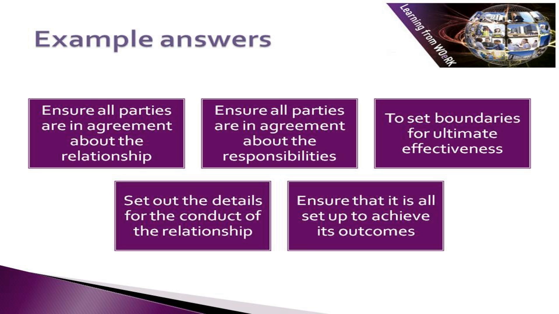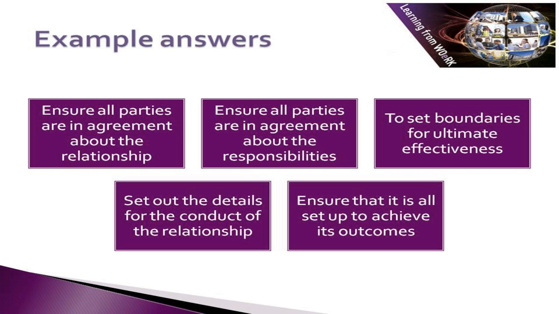It's to set boundaries for ultimate effectiveness. Understanding where the boundaries are from the beginning helps to ensure the success of the mentoring. It's also to set the details for the conduct of the relationship, to make sure that everyone is aware of the practical details of how the relationship will be conducted, and that there is no misunderstanding about that.